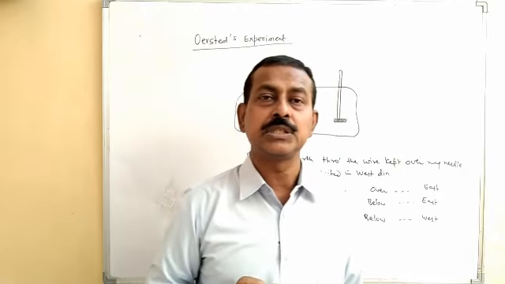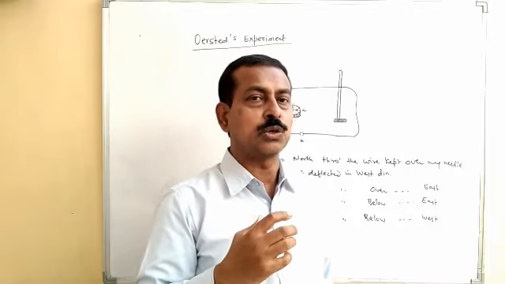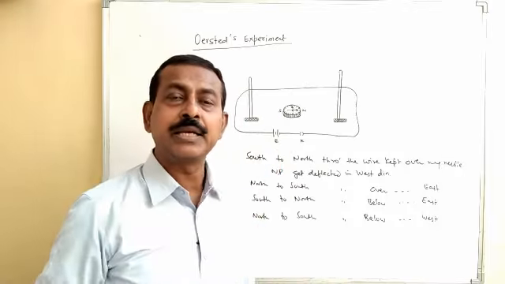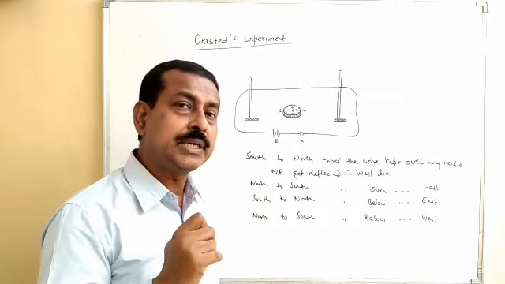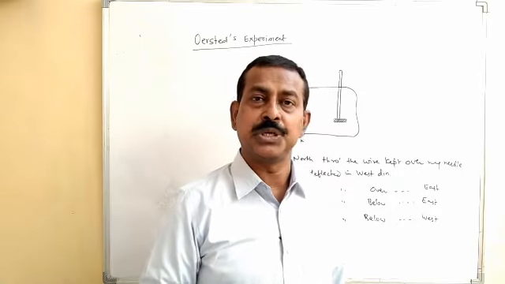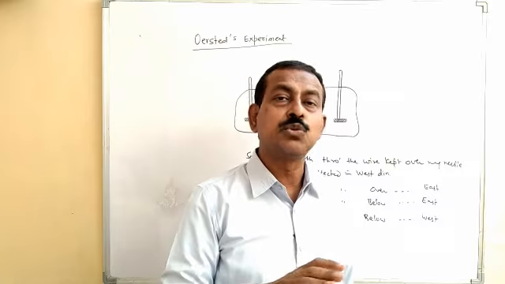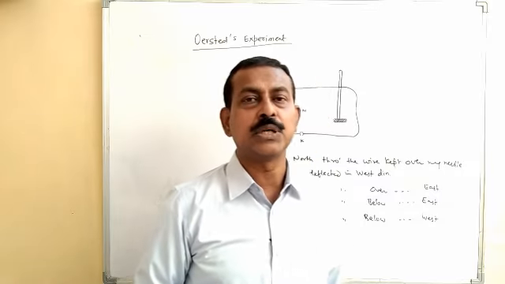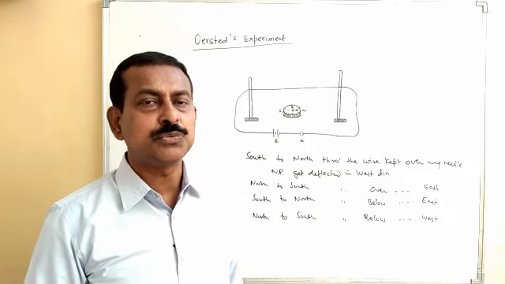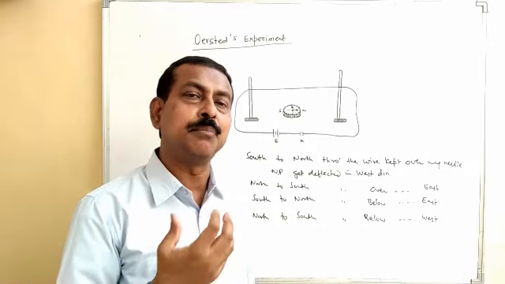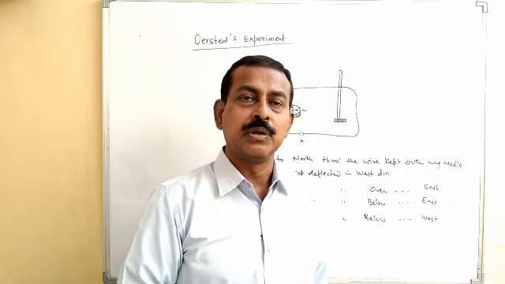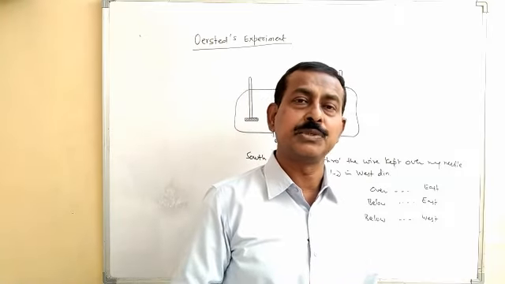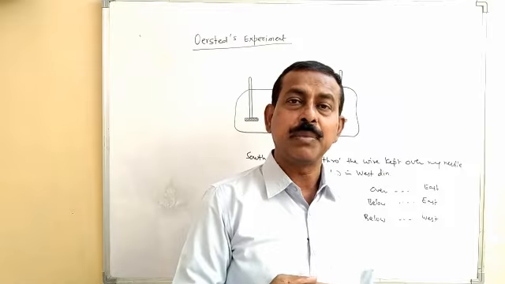From his observations, he concluded, first of all, that deflection of the magnetic needle indicates presence of some magnetic field. There was no magnetic substance kept nearby. At that time it was assumed that magnetic field is only produced by magnets, or the magnetic substances which we are keeping nearby.